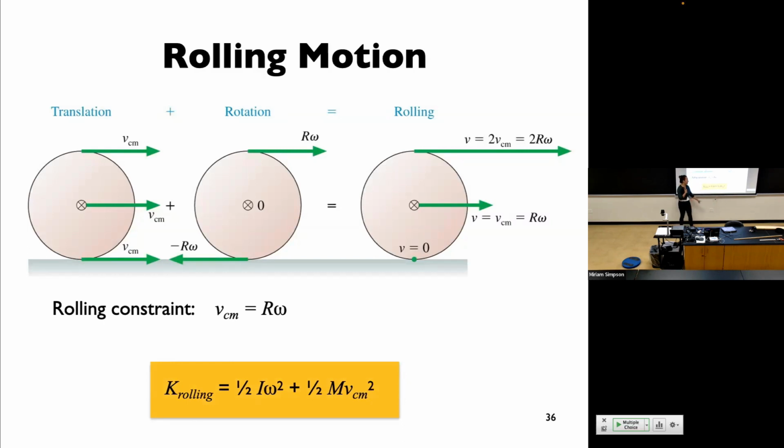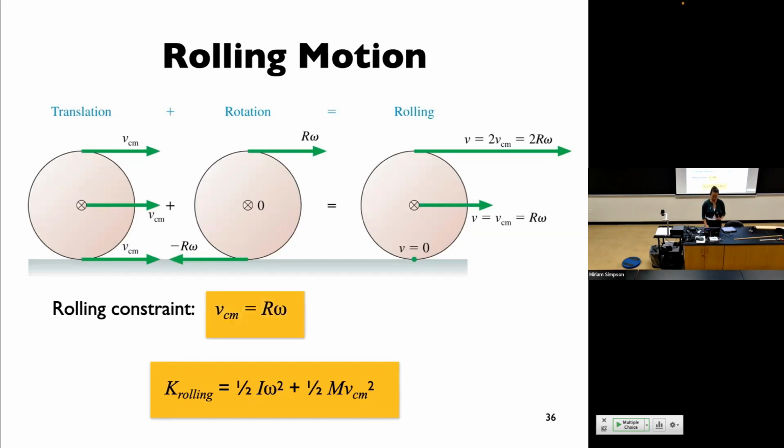If you plug this in over here, now you have a new kinetic energy for rolling without slipping. You can write it all in terms of either velocity or angular velocity, so you can use this to convert back and forth. So remember, if you're rolling, you use both kinds of kinetic energy. If you're rolling without slipping, you get to use this extra thing that makes them connected.